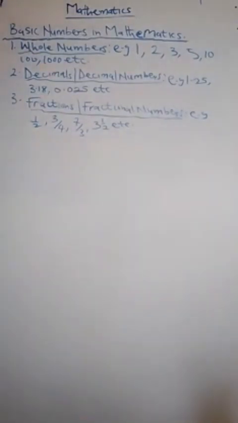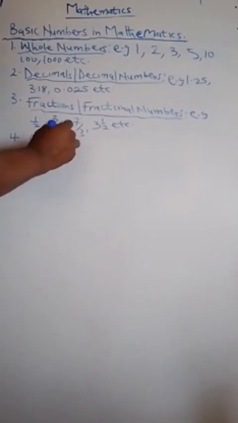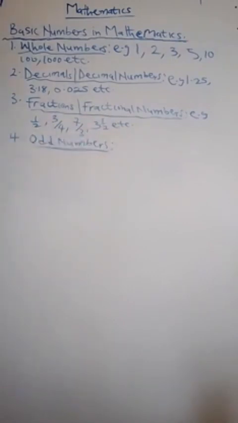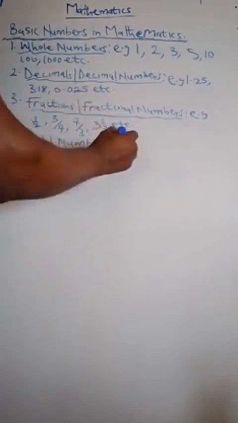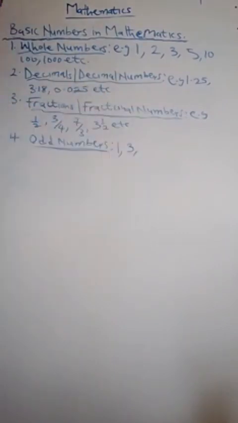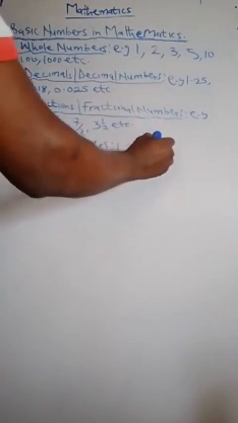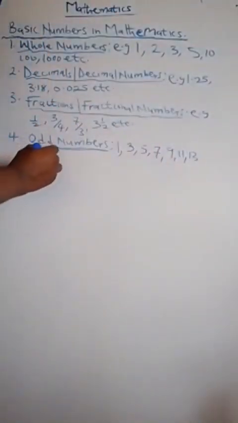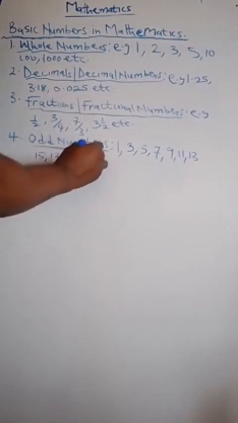In mathematics, we also have odd numbers. An odd number is a number that cannot be divided by 2. For example, we have 1, 3, 5, 7, 9, 11, 13, 15, 17, 19, and many more.